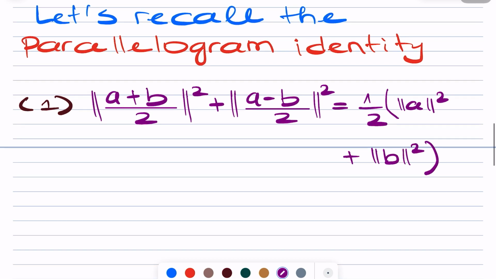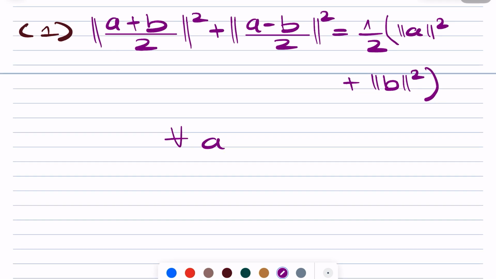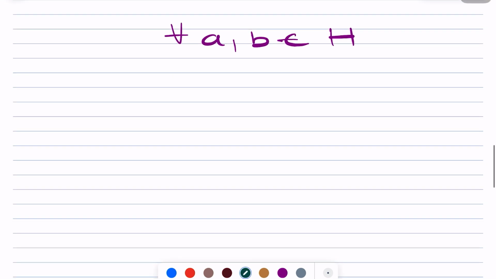Of course, this holds for every A and B in H, in the vector space H. I've been talking about Hilbert spaces, but we haven't defined a Hilbert space yet. So now let's define what a Hilbert space is.